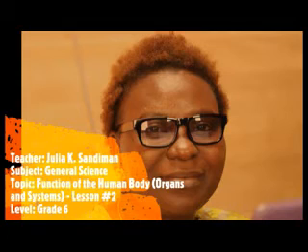The testes are held in a sac called the scrotum. Sperm is produced all of the time and is stored in tiny tubes outside the testes. The sperm will pass into the sperm tubules and out of the body through the penis.